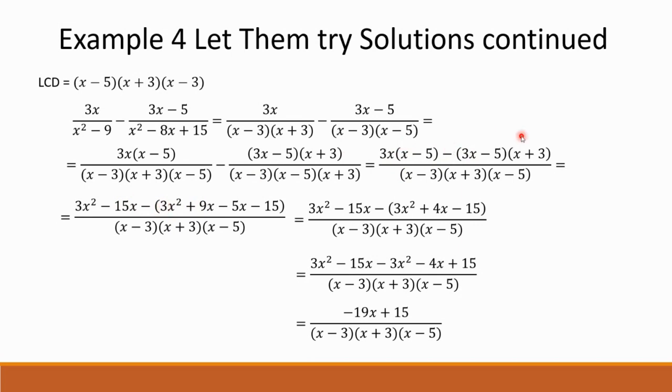So we get 3x squared plus 9x minus 5x minus 15. Now this negative, we're going to distribute. That's why I have parentheses. You want to make sure you distribute the negative. So once we combine like terms and distribute, we get negative 3x squared minus 4x plus 15, because minus a negative is plus. Now if you combine like terms, you get this.